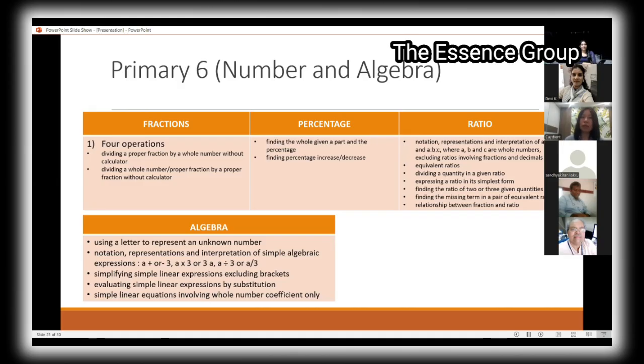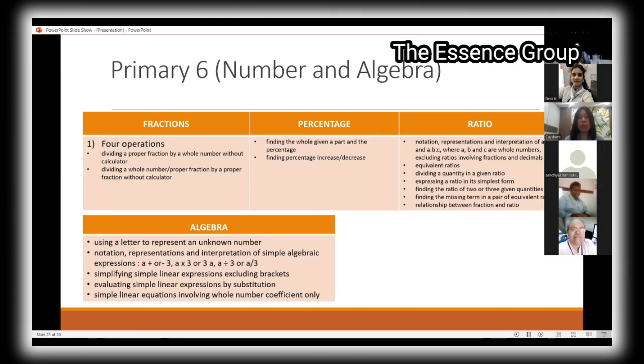We deal with a lot of factors and multiples, and we use that to counter questions in fractions, percentage, ratio. But in secondary school, we use a lot of algebra to solve questions. Algebra is mainly everything in secondary school, I would say about 50% of it or slightly more.